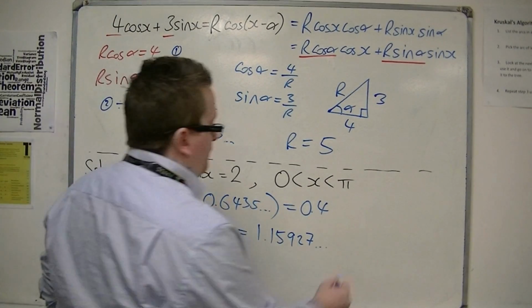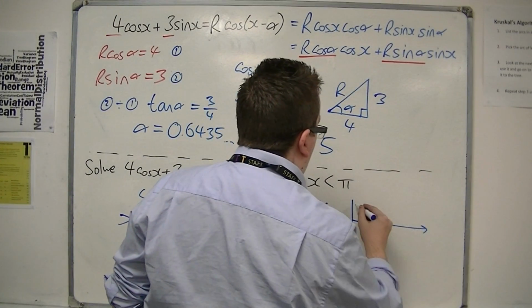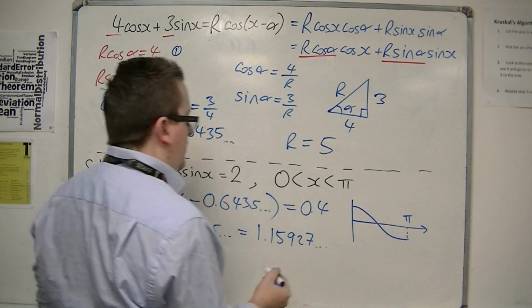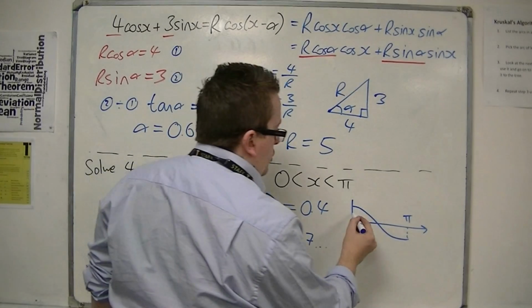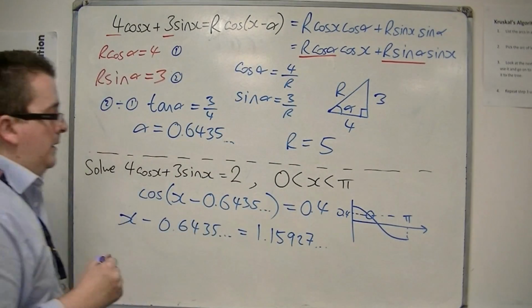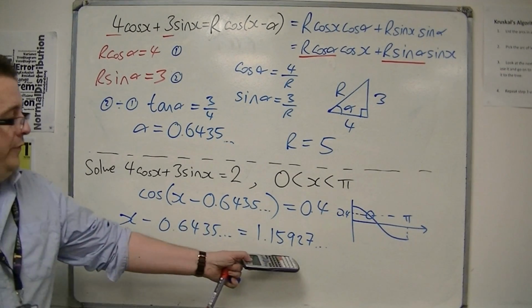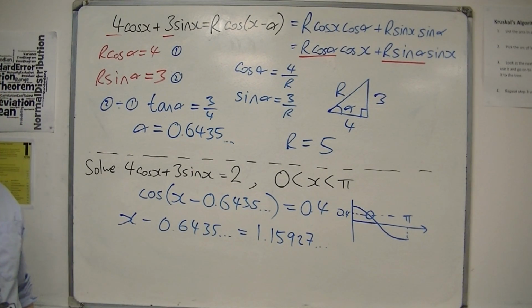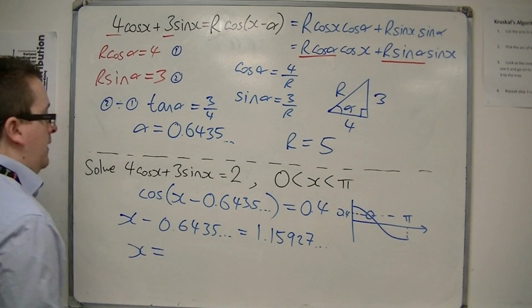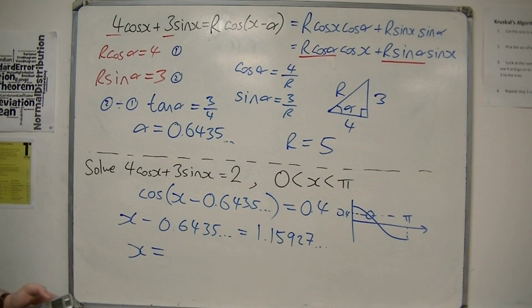Now cosine between 0 and pi looks like this. So 0.4 should just give us one solution there. So that is the one solution that I'm looking for. Now if I add 0.6435 to both sides, it'll give me my only solution.